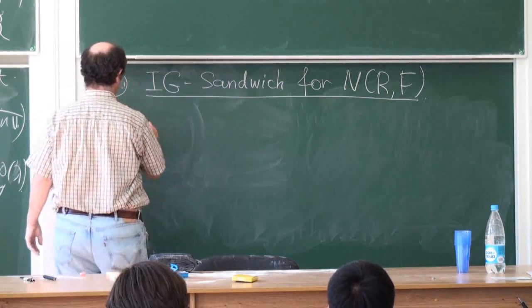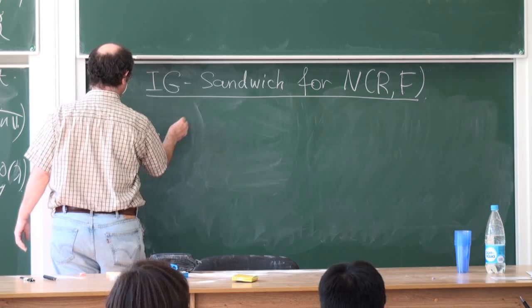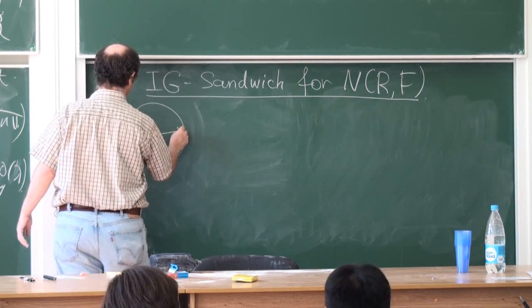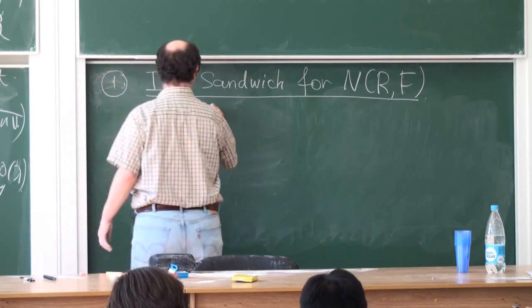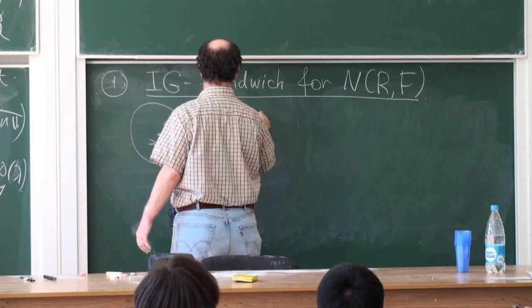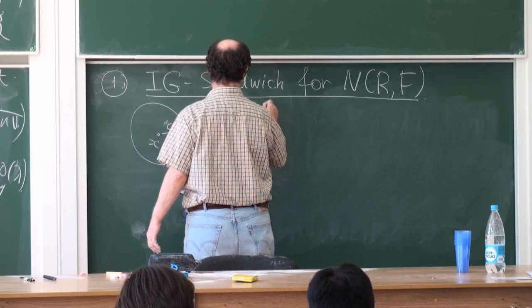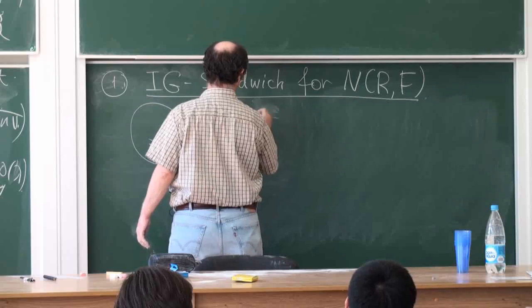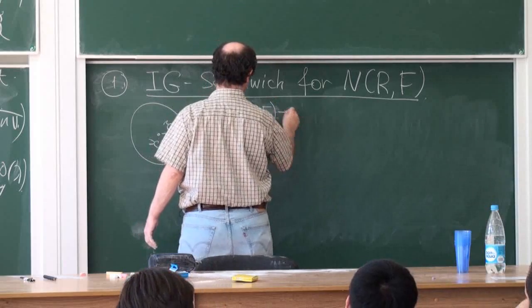I will need some notation. So if I have a ball centered at the point x and of radius r, then I denote by n x r f. Okay, I will not write f. So usually I will skip f.